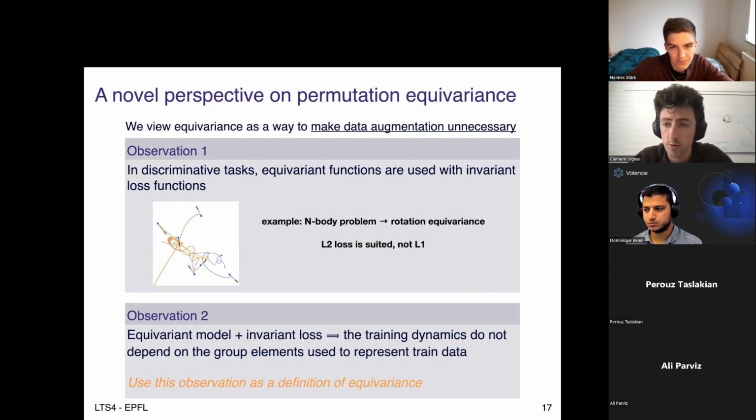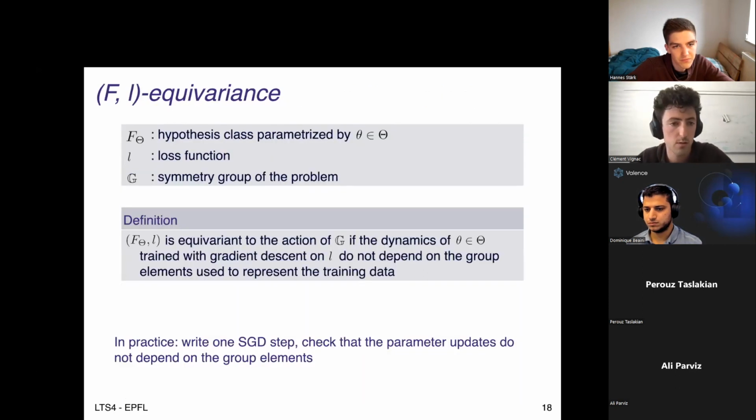Then if you write one gradient step, you can see that it will not depend on the group elements that are used to represent the data. For example, it will not depend on the rotation in the case of particles. So we propose to use this as a definition of equivariance. We have a hypothesis class, a loss function, and of course a symmetric group.